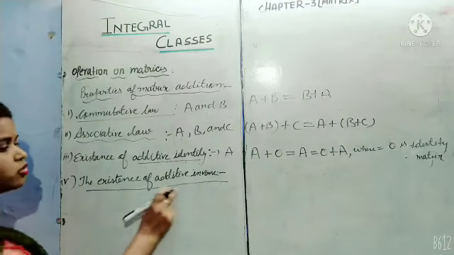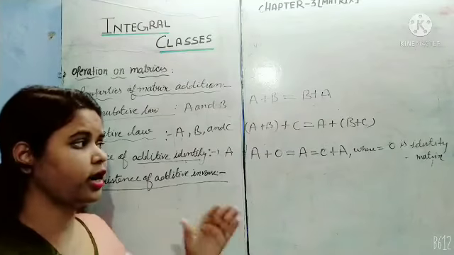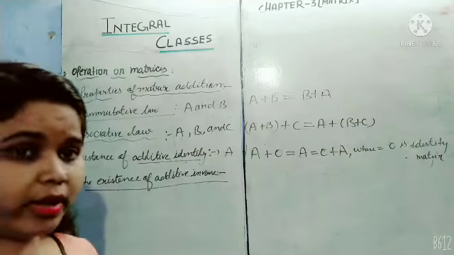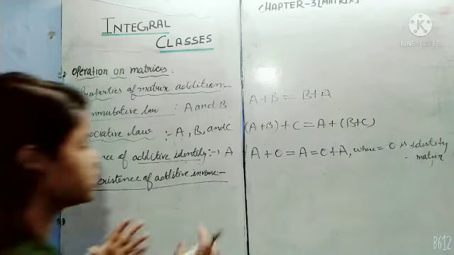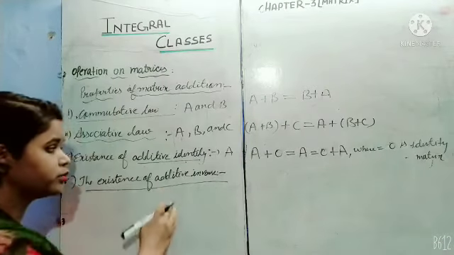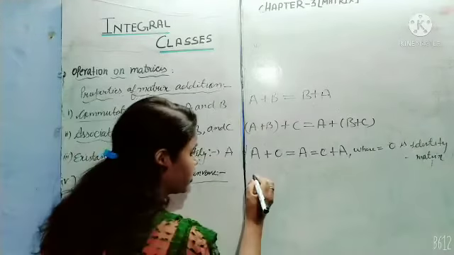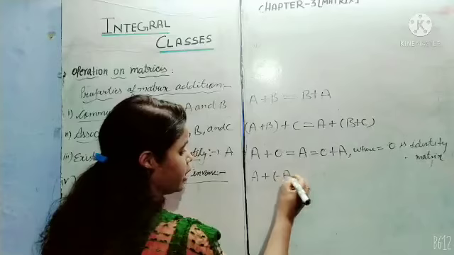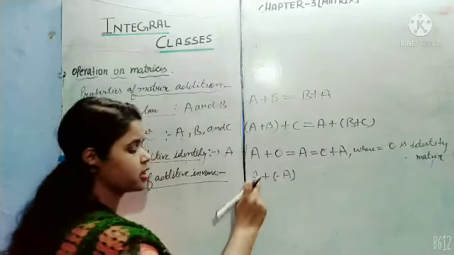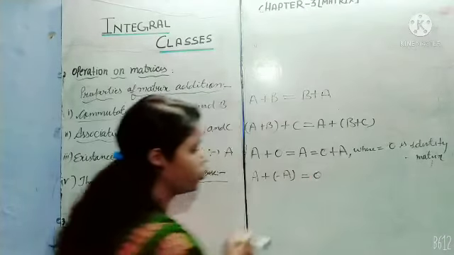Now existence of additive inverse. We know that 0 is the identity of matrix addition. So which matrix should we add to get 0? If A is added to minus A, it means matrix A plus minus A, then we get 0.